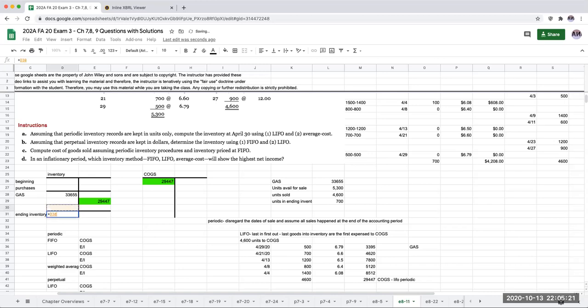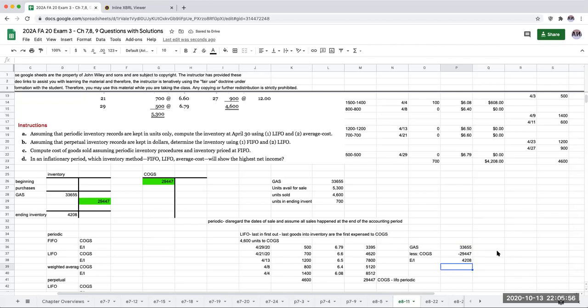So my ending inventory is going to be 4,208. Goods available for sale less cost of goods sold gives my ending inventory value under LIFO periodic of 4,208.